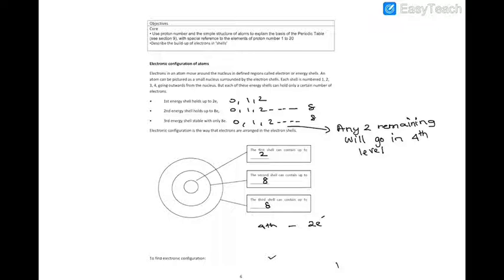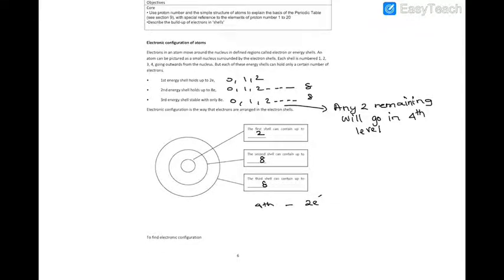At your level, this model is going to allow you to fill up only up to 20 electrons in an electron shell. Any element that has more than 20 electrons does not use this kind of model to arrange its electrons. It uses a little bit more advanced model.